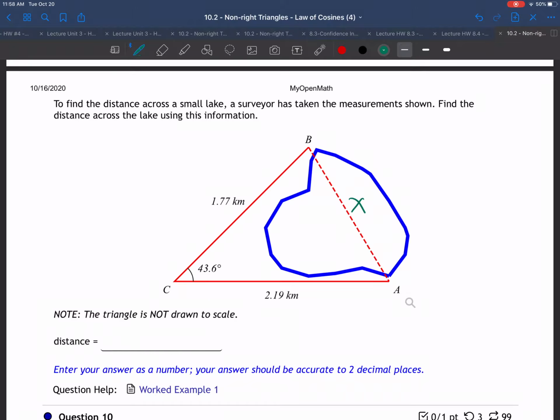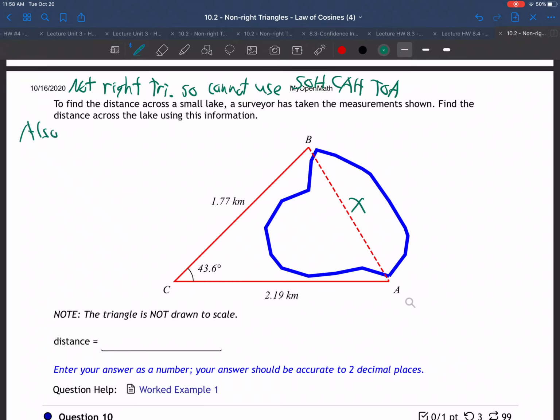Well, first off, let me write up here. It's not a right triangle, so we cannot use SOHCAHTOA, can we? That's only for right triangles.